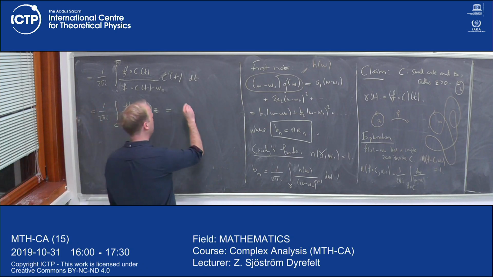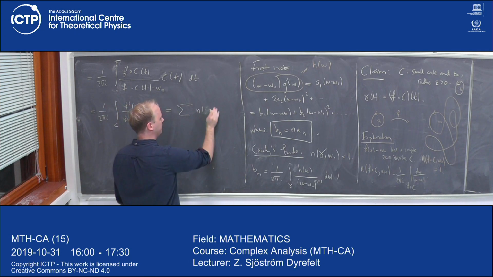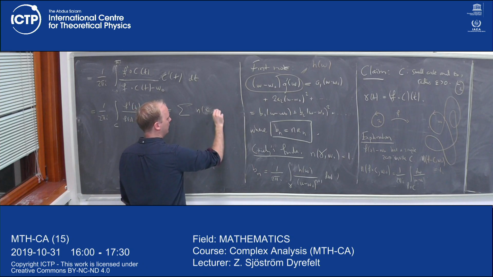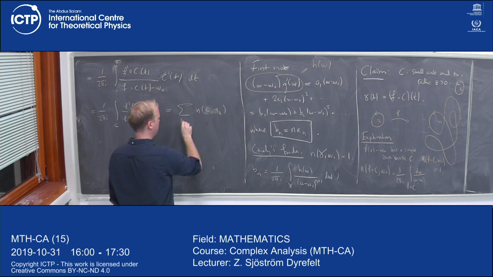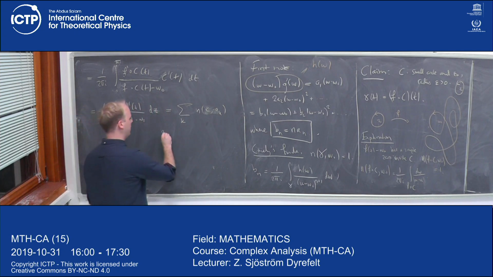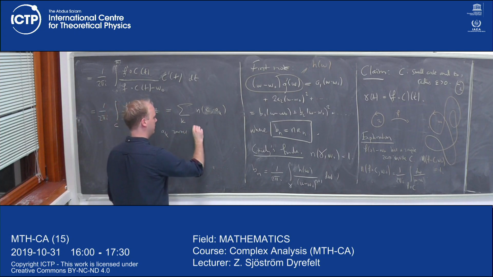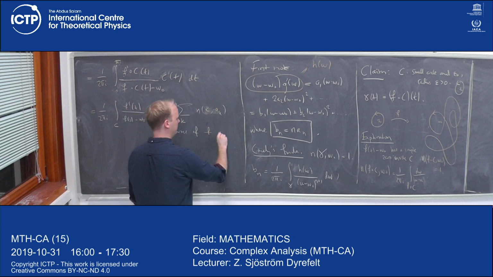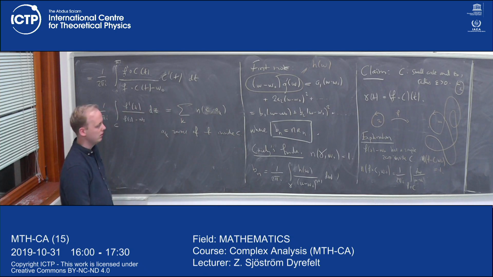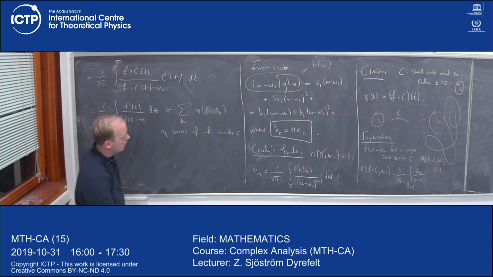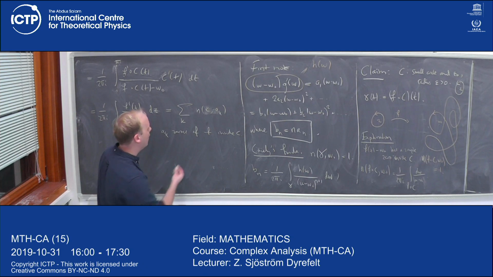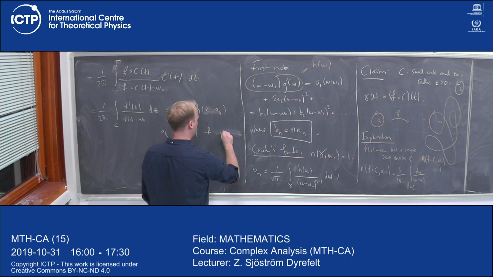Which says that this is the sum of n of the curve C around the a_k, over all k, where the a_k are zeros of f minus omega, inside C. Sorry, f minus omega. Yes, inside C.